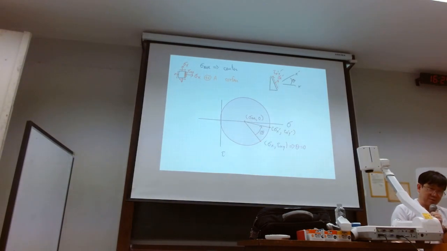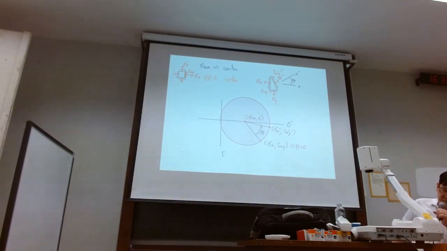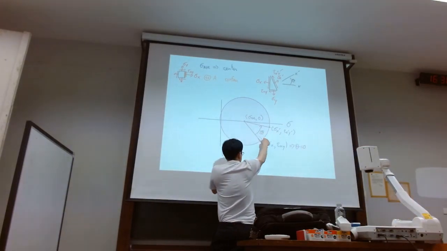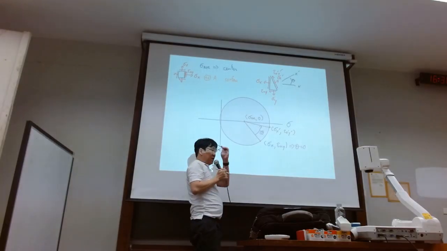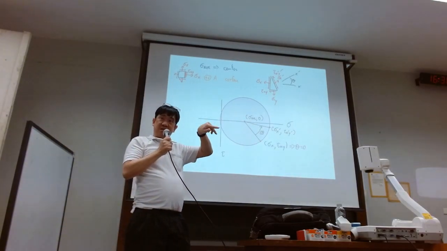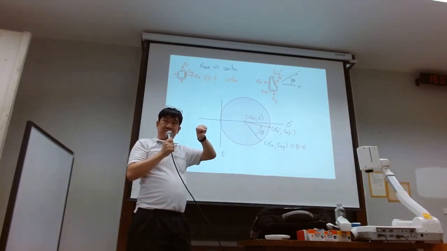Just the one that we did before. This is sigma y, sigma x, tau xy. Whatever you have on the circle would be the different surface orientation on the element itself.